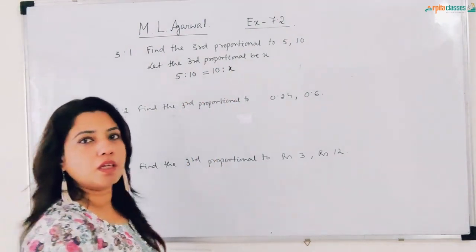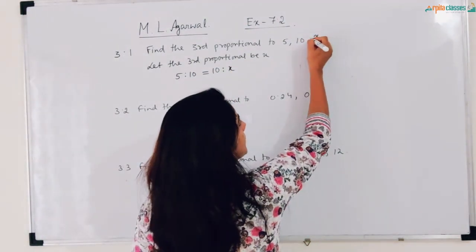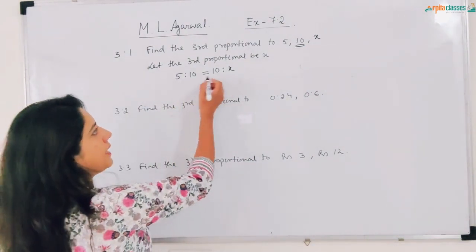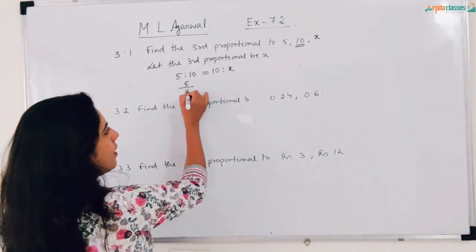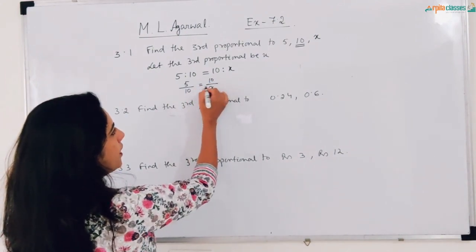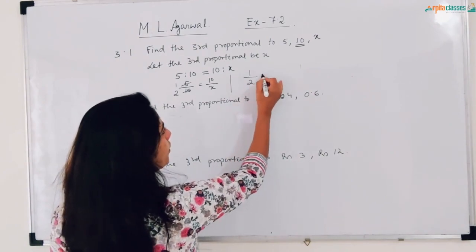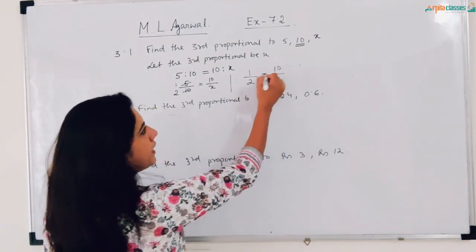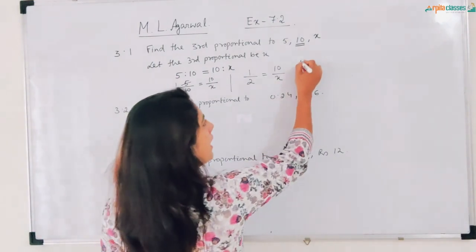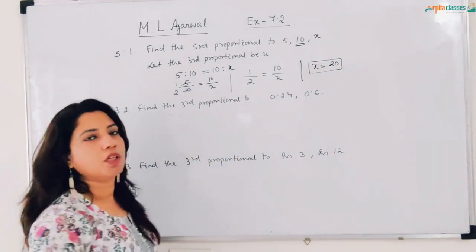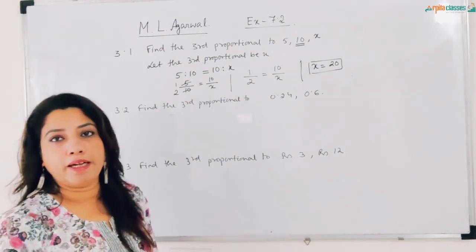When we have to find out the third proportional, this number we are going to repeat 2 times. Okay. So 5 by 10 is 10 by x. Reduce it into the lowest term. So we are getting 1 upon 2 is equal to 10 upon x. Cross multiply, and after that we are getting x is equal to 20. So the third proportional to 5 and 10 is 20.